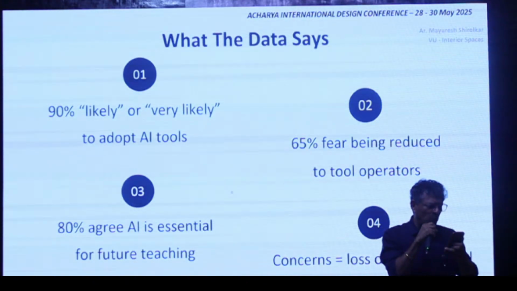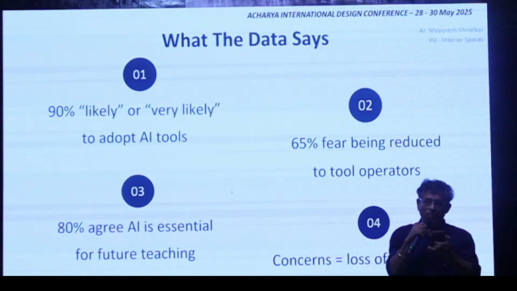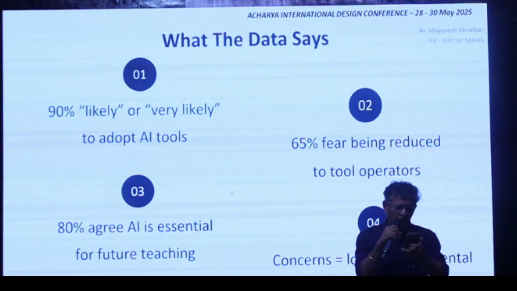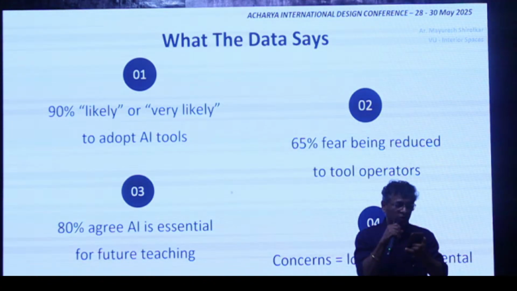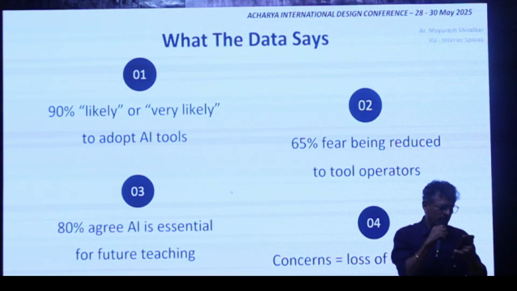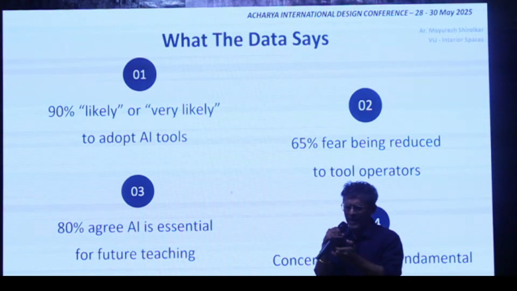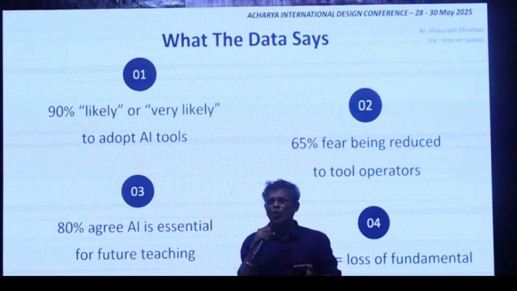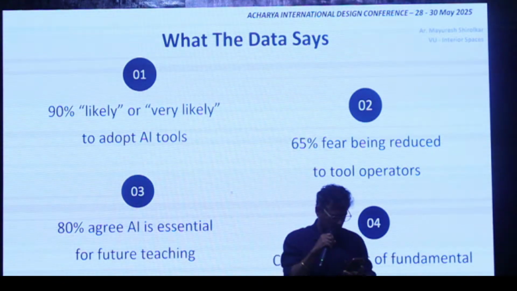This highlights the importance of integrating AI into pedagogy while being mindful of the potential pitfalls like loss of fundamental skills and the question of authorship and ethical judgment. There is a need to balance AI integration with our core educational values.